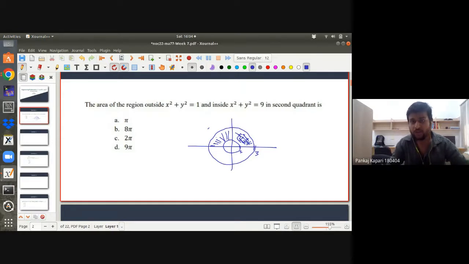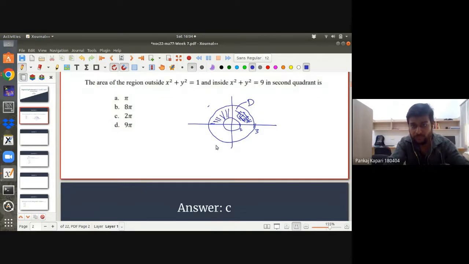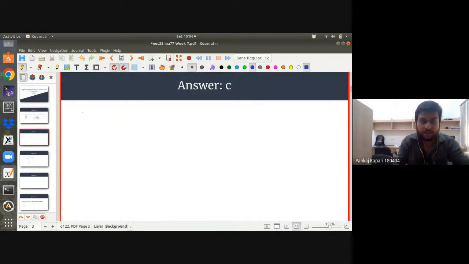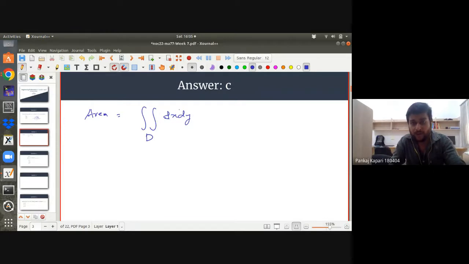To find this area we'll use a double integral. Let's say this is our domain D. Our area will be equal to a double integral of dx dy over the region D. Now sometimes it is easier to change the integral into some other coordinates.